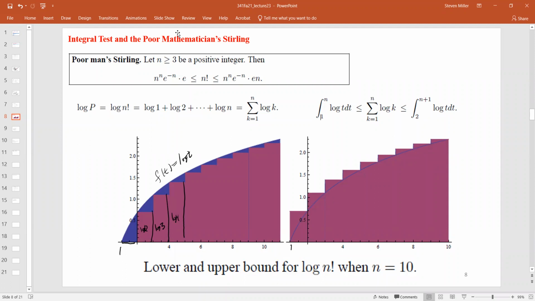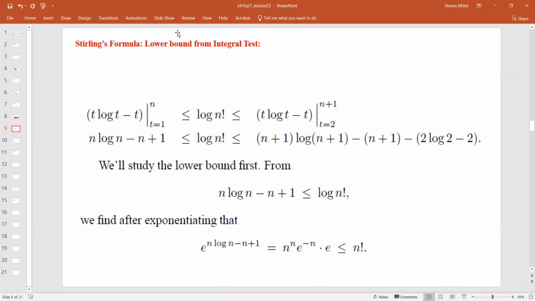One of them goes from 1 to n, one of them goes from 2 to n plus 1. So the error is really going to be bounded by just the last term, which is going to be much smaller. The last term is of size log n. And that's much, much smaller than what we expect the log of n factorial to be. So this is the power of the integral test, is we can often get really good estimates without too much trouble.